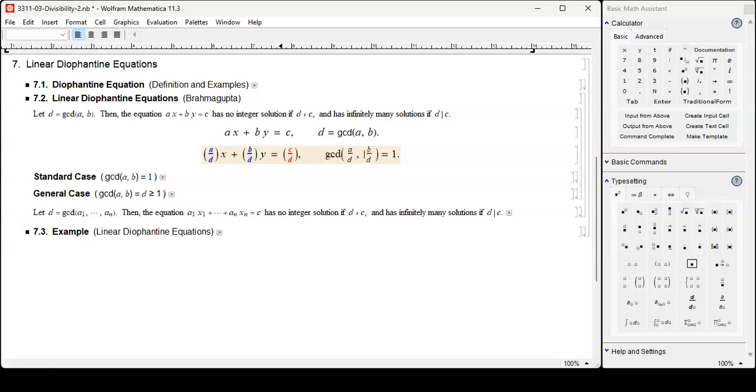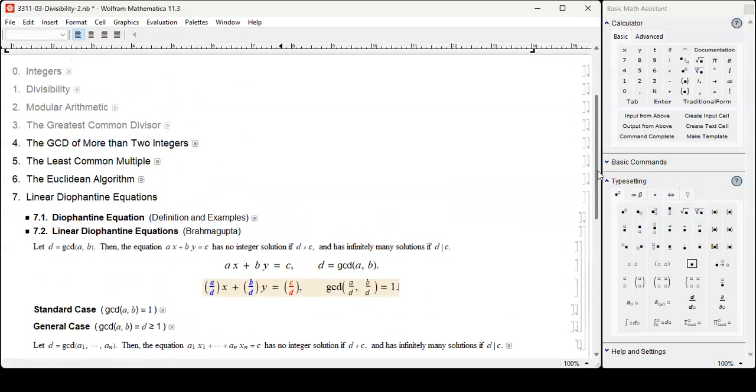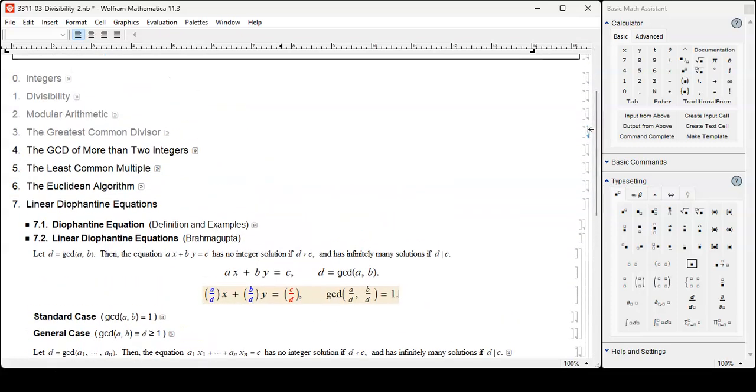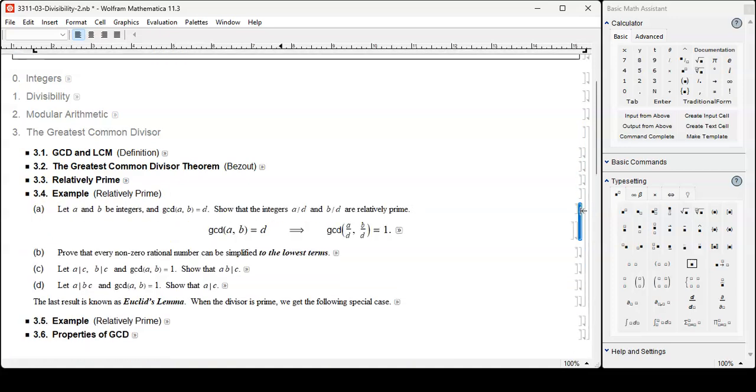Remember this, by the way? Divide by GCD and we have 1. Remember this? We went through that in lesson 7 somewhere. Right here.